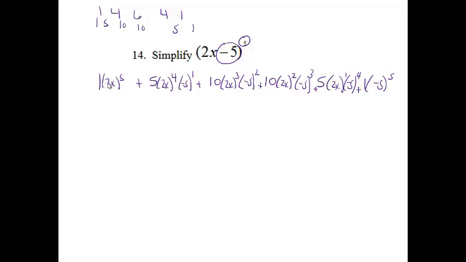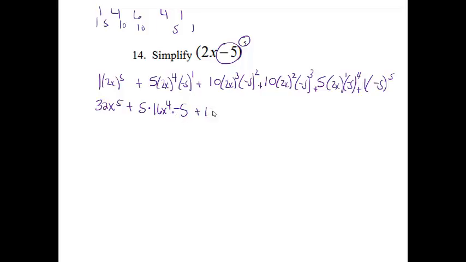So 2x to the 5th, please remember, is 2 to the 5th and x to the 5th. So this will be 32x to the 5th. And then this next one, I'm going to just kind of write this here. We're going to have 5 times 2x to the 4th, which would be 16x to the 4th, times negative 5 to the 1st, which is negative 5.